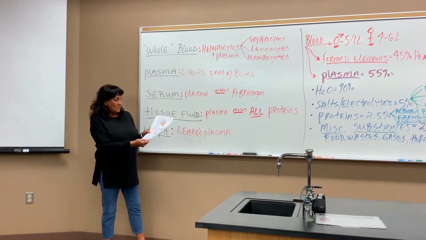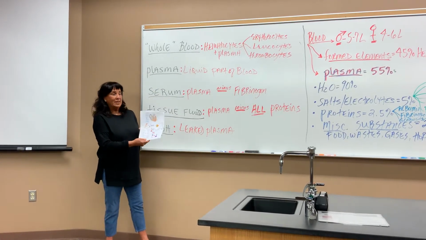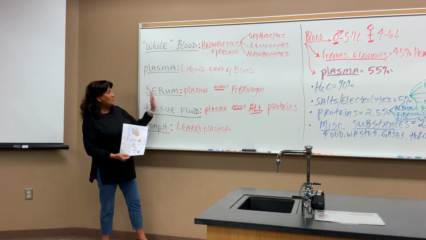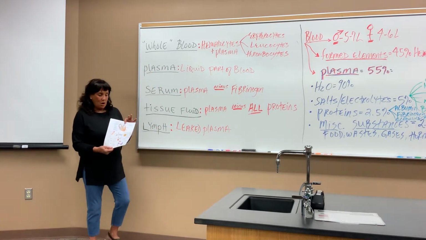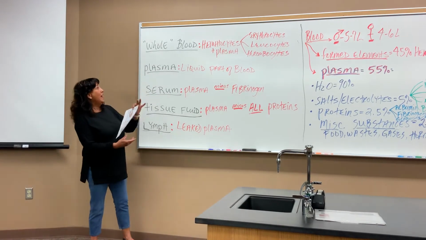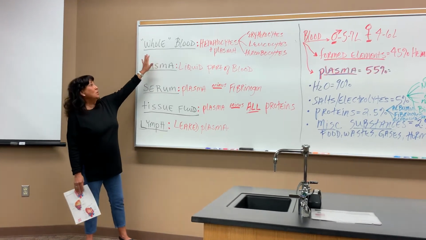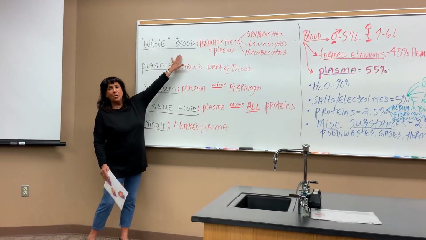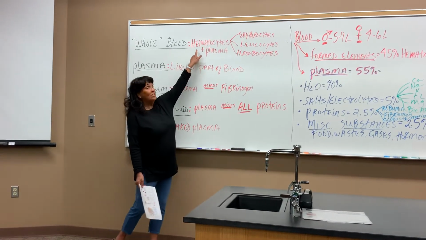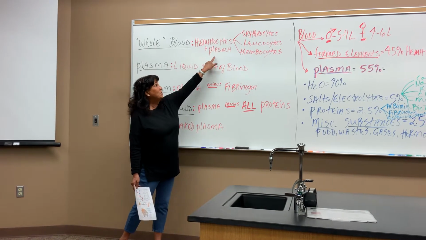Before I start this chart on page 427, talking about what blood is made out of, there are 5 extra terms, and these are all listed on your official picture sheet. We're going to start out with whole blood. When somebody says, I'm giving blood, they're giving all their cells, their hematocytes, and plasma.